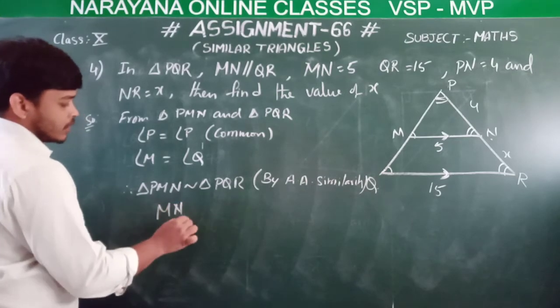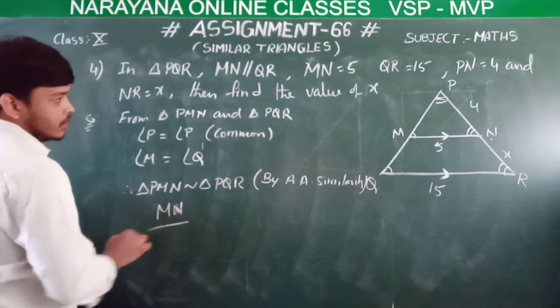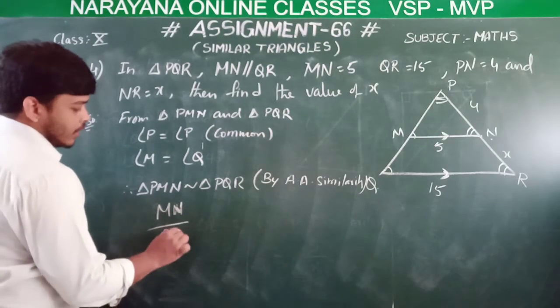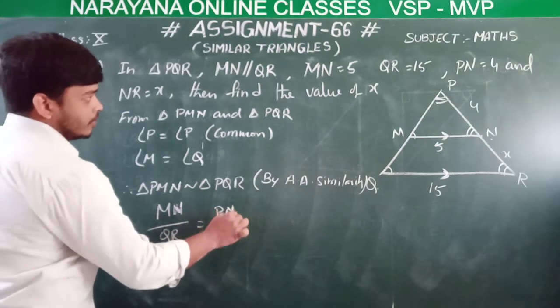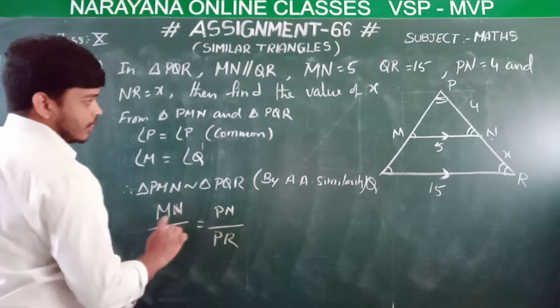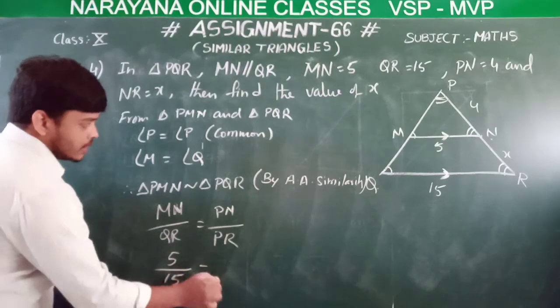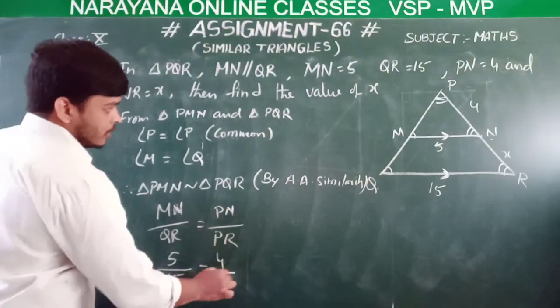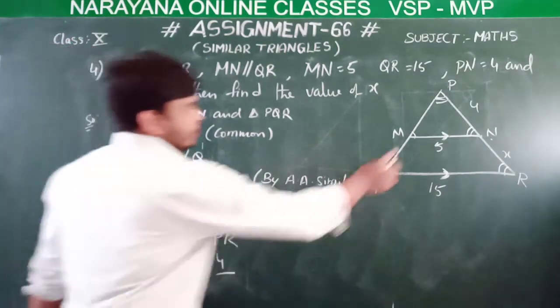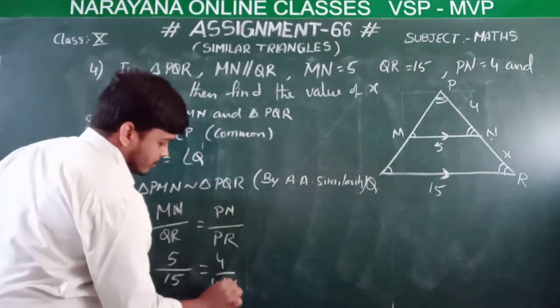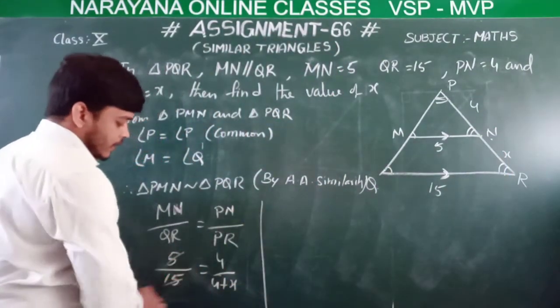By AA similarity, corresponding sides are in proportion. MN by QR is equal to PN by PR. MN is 5 by QR is 15 is equal to PN is 4 by PR. PR means 4 plus x. 5 ones are 5, 5 threes are 15.